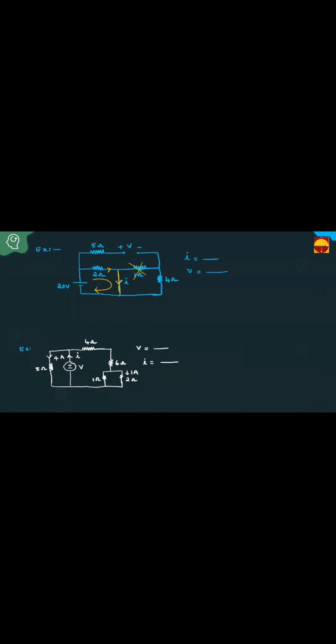But here also no current. Here also current is 0. The total current will circulate here. Clear? Now tell, this 20 by 2. What is current, friends? This current 20 by 2 is equal to 10 amperes.